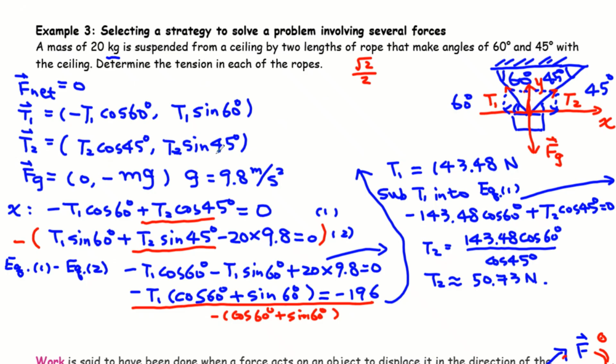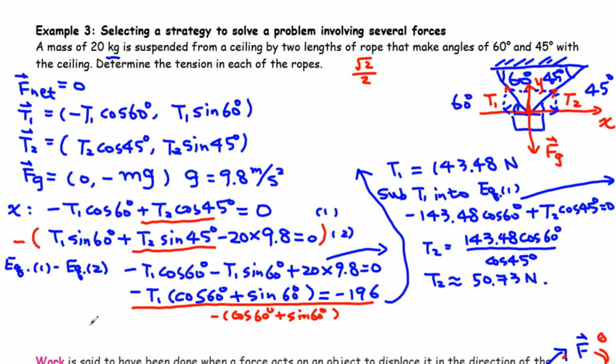If no acceleration, then the net force will be 0. So all the x direction forces add together to 0, and all the y direction forces add together to 0. Then if you have more than one variable, you may have a linear system. Then you use the elimination method or substitution method to solve.